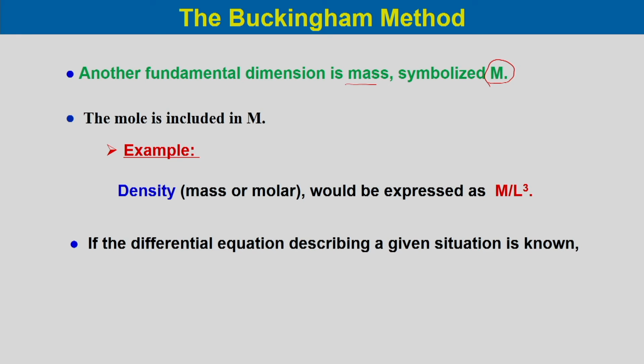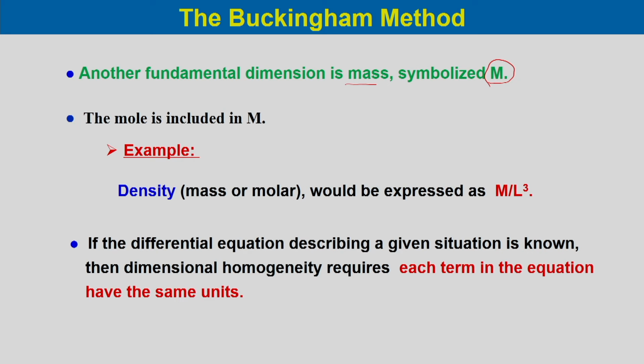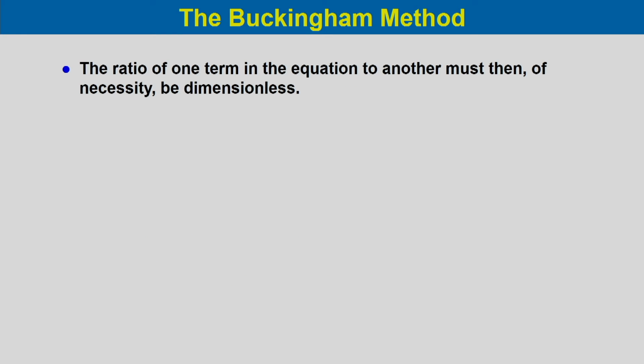If the differential equation describing a given situation is known, then dimensional homogeneity requires that each term in the equation have the same unit. So the ratio of one term in the equation to another must of necessity be dimensionless.